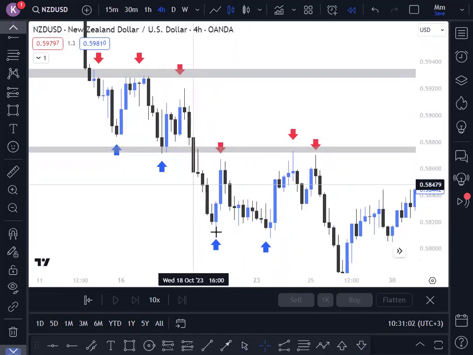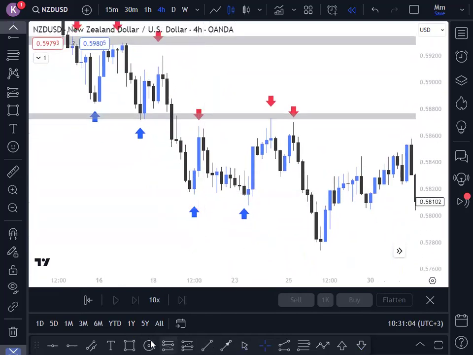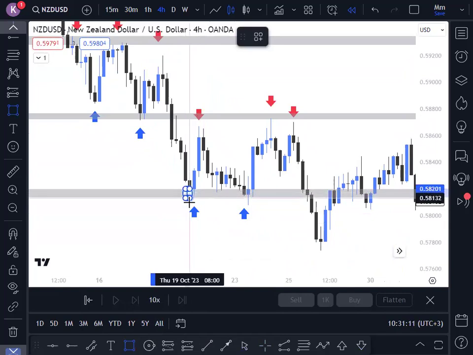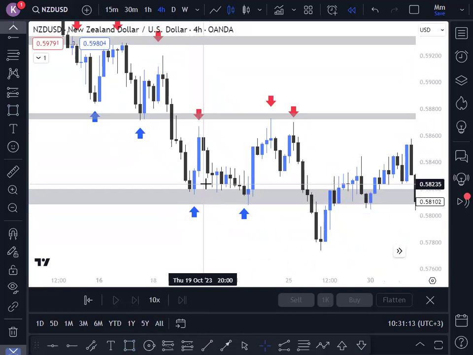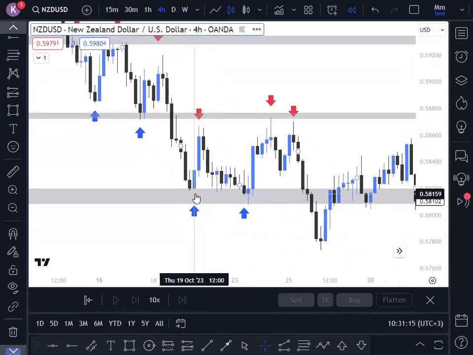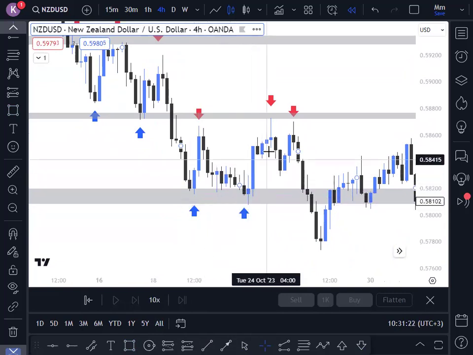So later the market pushed to the downside, and whenever the market pushed to create a new lower low, the market also made our support. So we have the first touch here of our support, the second touch, and the third touch. On the third touch, the market broke to the resistance.